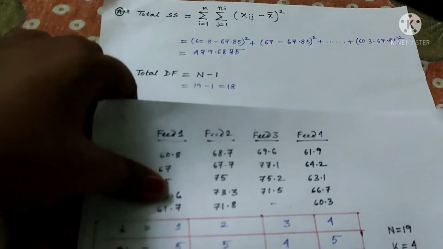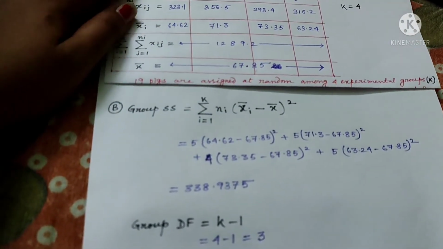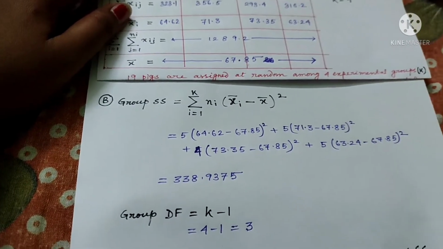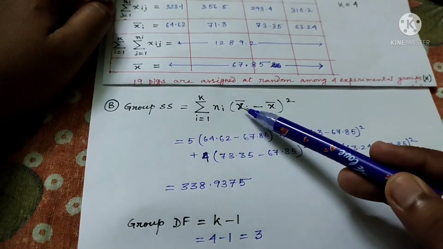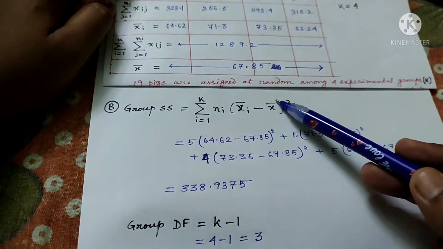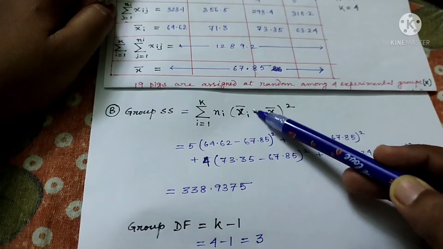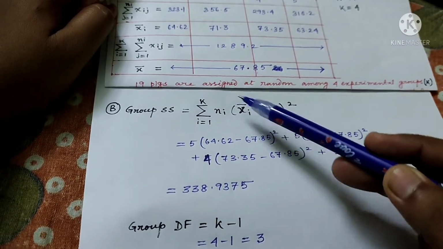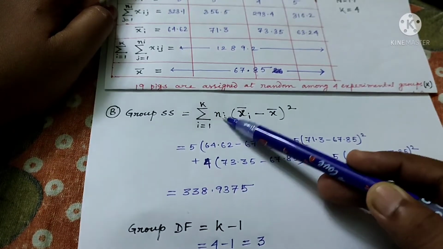Okay. Coming to the next thing, that is our group SS. After doing the total SS, you have to find out the group SS. Here you do a similar thing, but you subtract the population mean from the mean of each group, square it, and multiply by the number of samples present in each group.